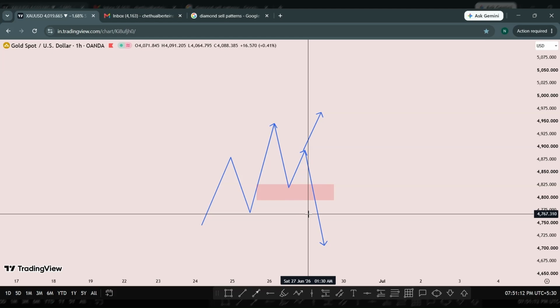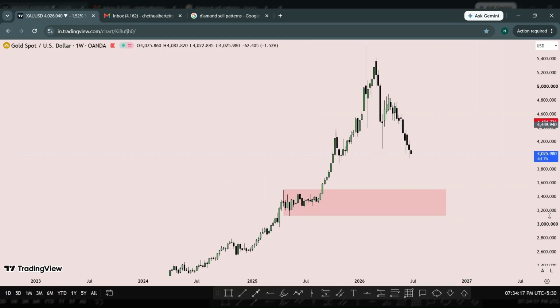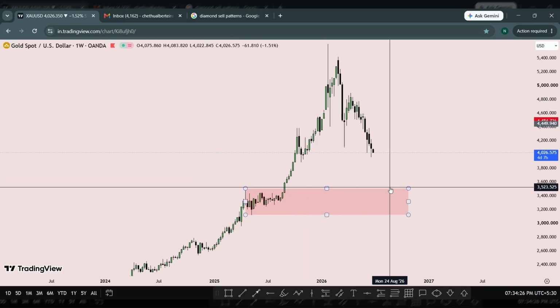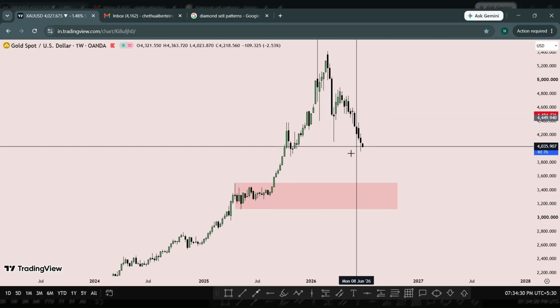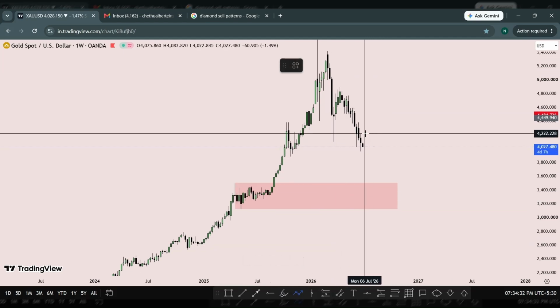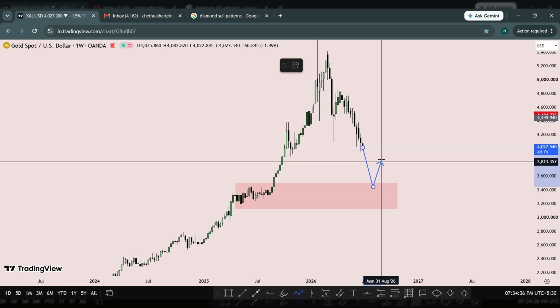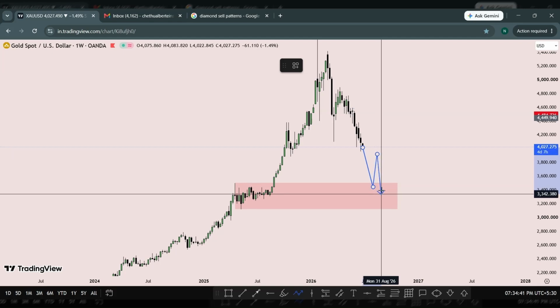I hope you understood my concept. Now, the next gold chart. Here, as you can see, if price from this zone touches this $3,500, the price can immediately go bullish and then again come back to this zone and then go sideways.